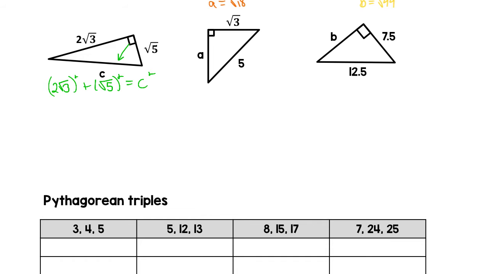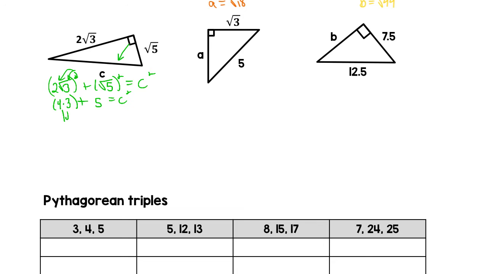Well, 2 square root of 3, we're going to kind of distribute this square. 2 squared is going to be 4. The square root of 3 squared, like I said above, when you have a square root and a square together, they just disappear. So that makes 3. Plus square root of 5 squared is just 5. And that equals C squared.